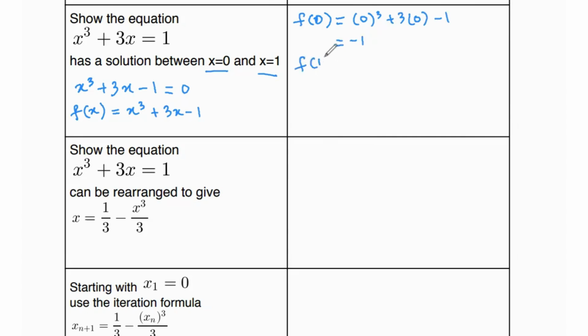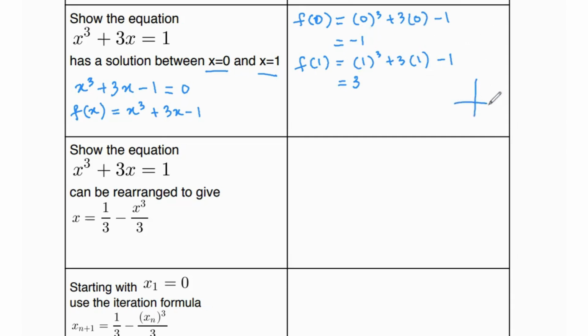And for x equals 1, that's 1 cubed plus 3 times 1 minus 1, which is positive 3. Since there's a change in sign between x equals 0 and x equals 1 for the f of x values, we can easily tell that the solution exists.